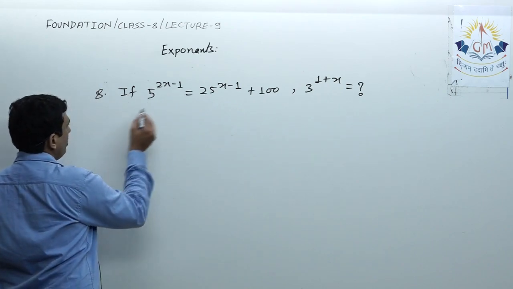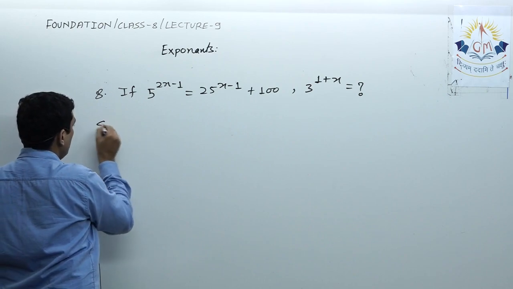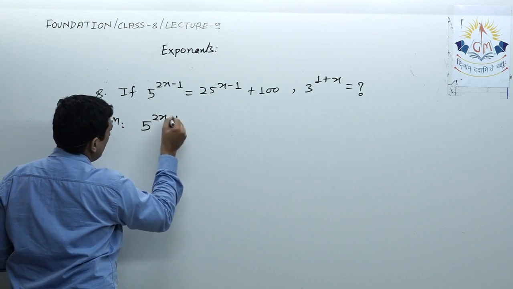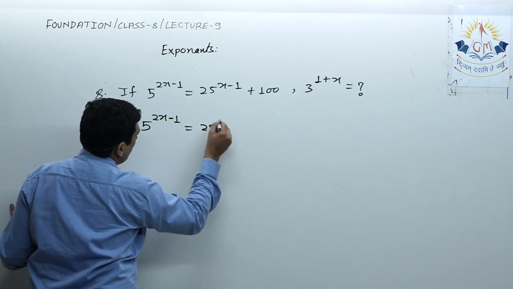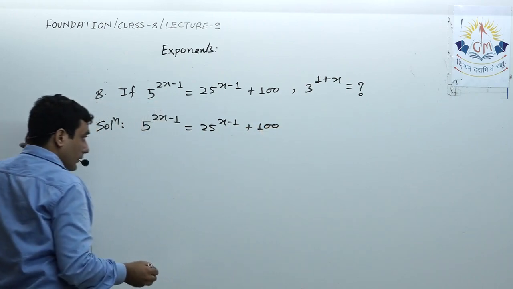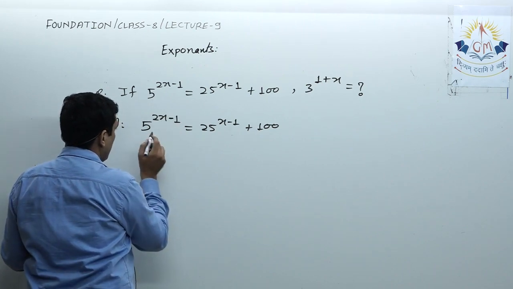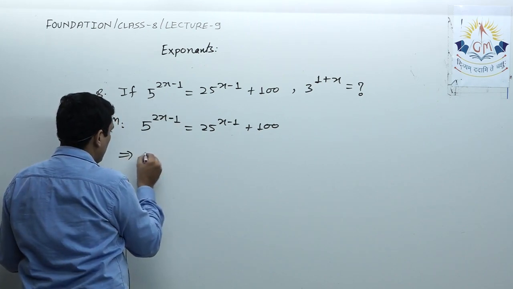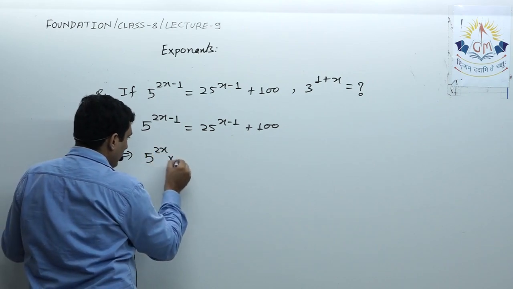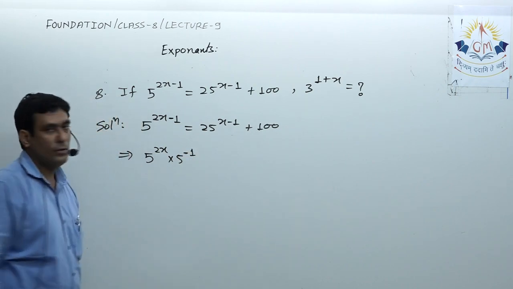So let us see. It is given these two are equal. So let us see its solution. 5 raised to 2x minus 1 is equal to 25 raised to x minus 1 plus 100. Now here definitely I have to convert this. So this will become 5 raised to 2x into 5 raised to minus 1. Okay, which law did I apply?